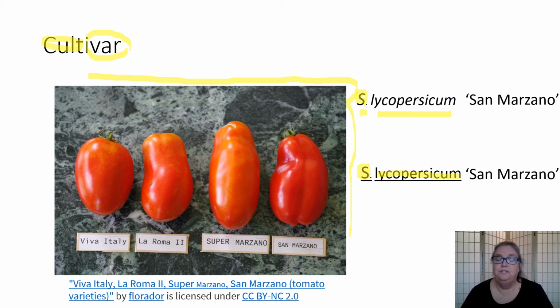After you have stated the genus name in your paper, you may abbreviate it to just the S instead of writing out Solanum each time. And then our cultivar name is going to be in quote marks. So when you see quote marks, that's indicating a cultivar name.